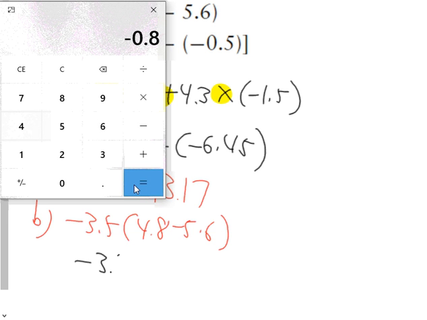So when I write this down, I'm going to put negative 3.5 multiplied by negative 0.8. That's my first step in my BEDMAS. And my second is to multiply that negative 0.8 multiplied by negative 3.5, and the answer is going to be a positive 2.8.